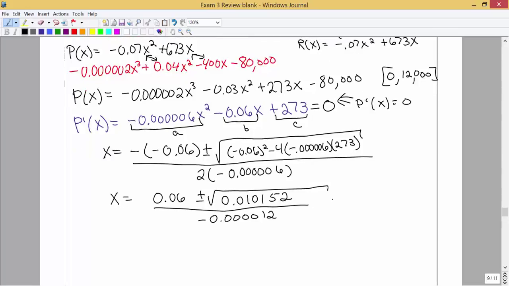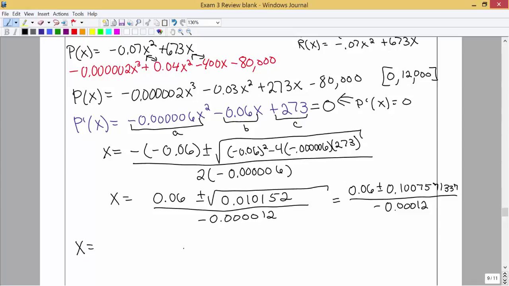Alright, then we're going to simplify a little bit more. I'm going to write this as equals 0.06 plus or minus this, and once we take the square root of that, you should get 0.10075713337, something like that. Just don't round yet. Leave it as exact as possible until the end.